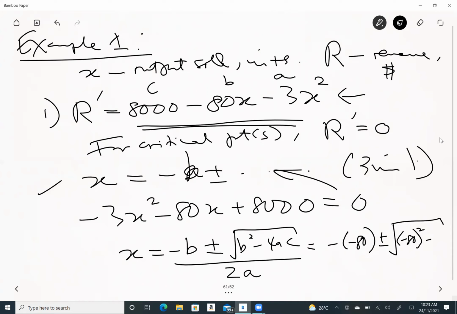So I put here 4 times negative 3 times 8,000, everything divided by 2a, that is negative 3. Anybody got it? Is it a real number or is it not a real number? The most important thing is that what is inside the square root should be positive.